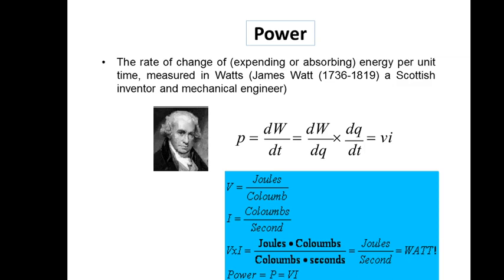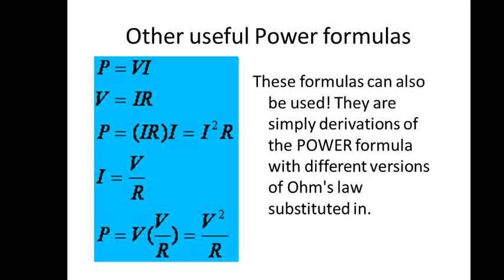Even power we can represent in terms of other elements, that is with respect to resistance. Other formulas of power you can see; these formulas we generally use. They are simply derivations of power in different versions.